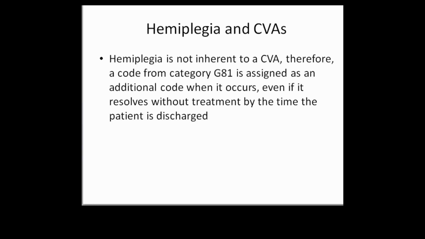Not uncommon for a patient to come to the ER, complaining of whatever stroke symptoms they have. They have some weakness on one side, and by the time they come into the hospital and they're treated and they leave, that weakness has subsided or it's gotten a lot better. You're still going to code it because it did happen and it required additional resources to take care of the patient.